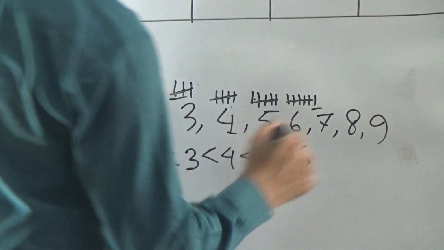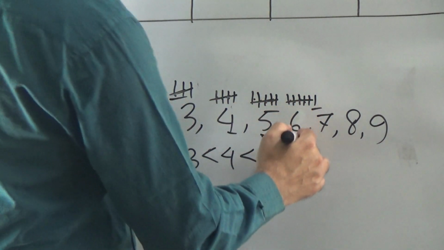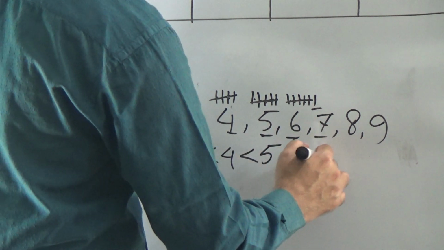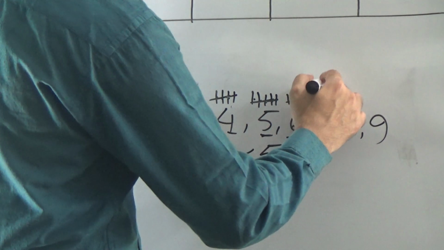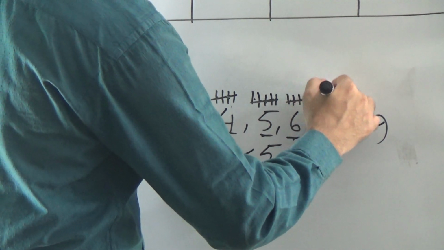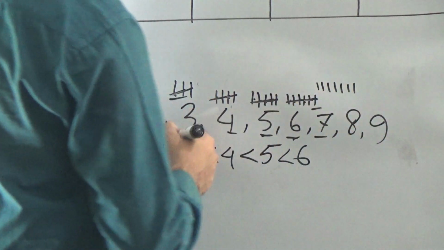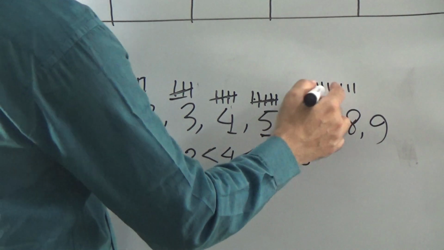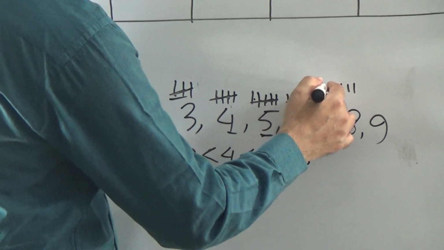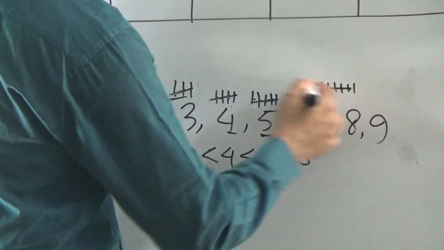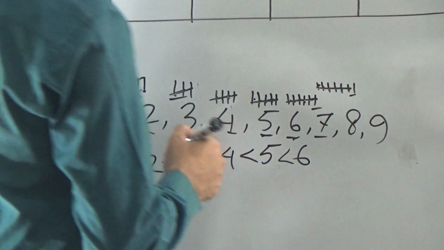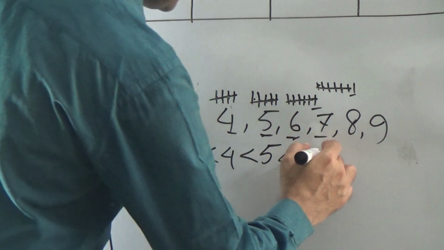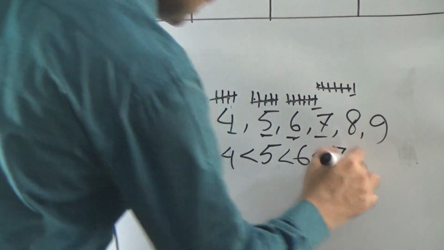Then compare 6 and 7. Here are 6 lines. 7 means 7 lines: 1, 2, 3, 4, 5, 6, 7. We can cut these 6 lines. So 7 is 1 line more than 6. It means that 6 is smaller than 7.